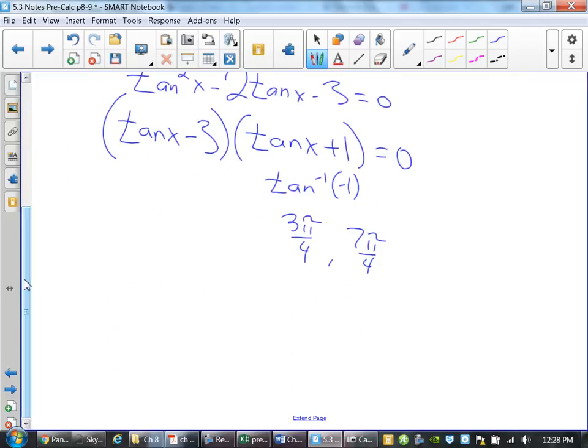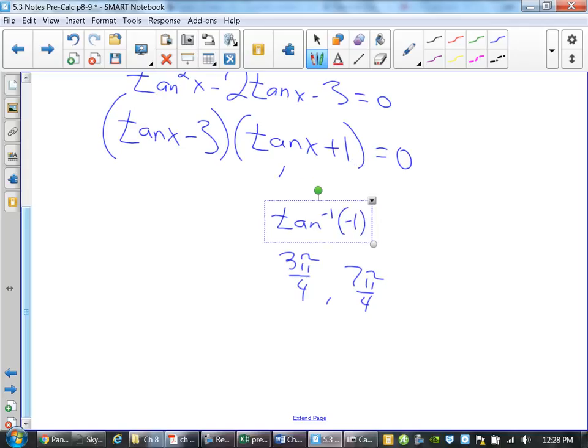No, this was general again, so we'll rewrite that here in a second. Wouldn't there be first and third quadrant? I'm setting this equal to 0, so I get negative 1.